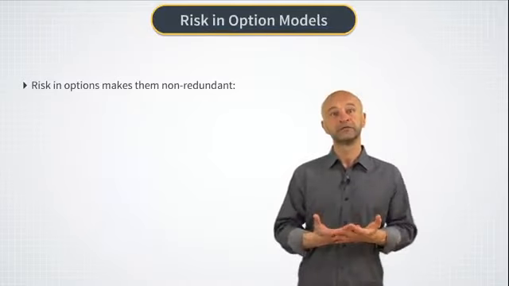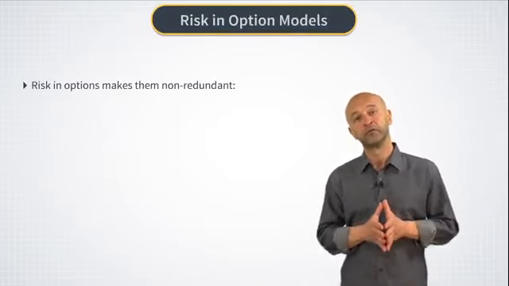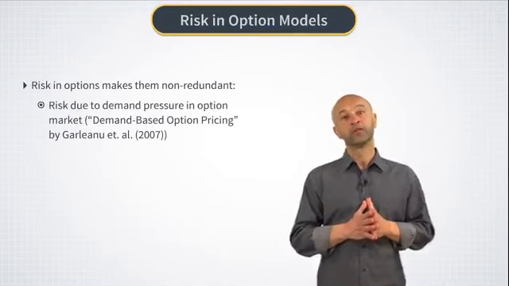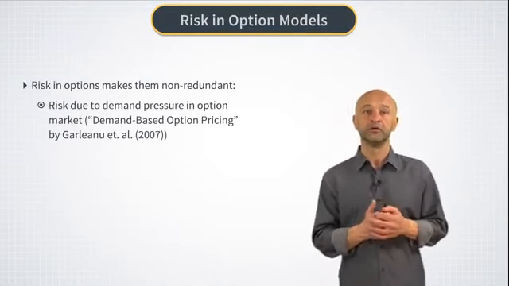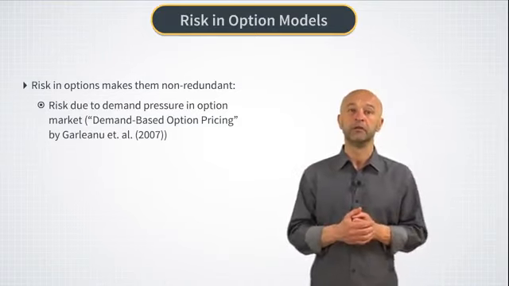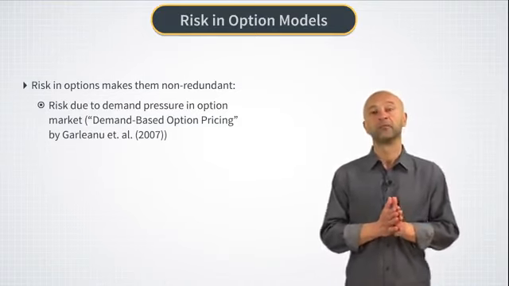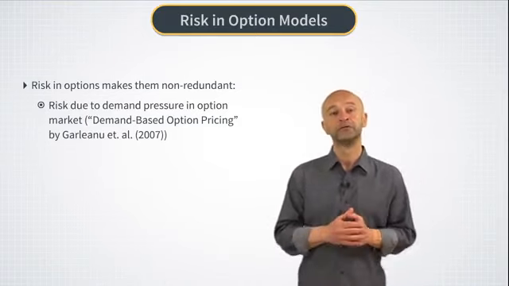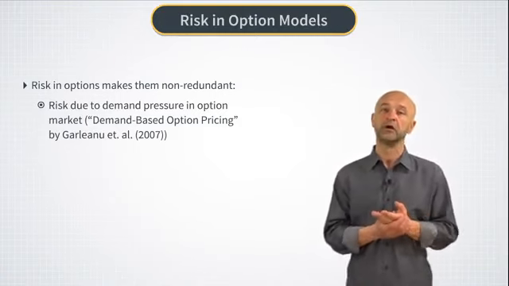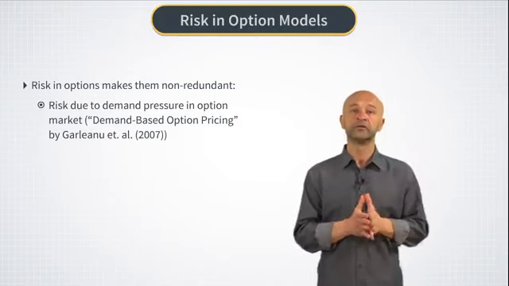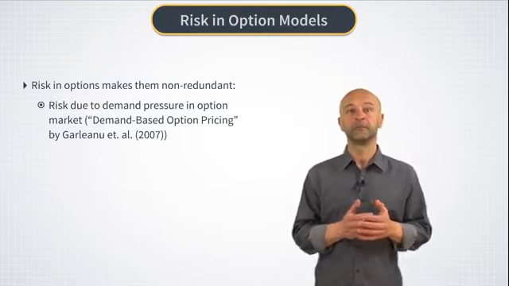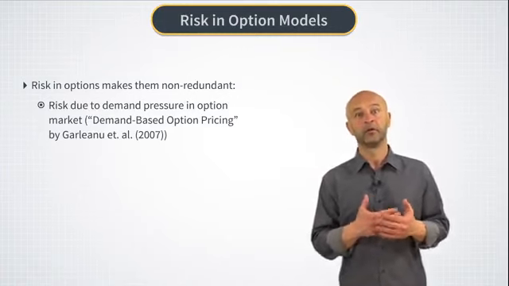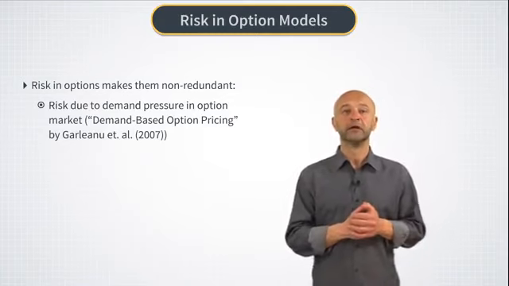Now, there exist multiple origins of risk in options. One of them is play of demand forces in the option market itself. In a very interesting paper from 2007 called Demand-Based Option Pricing, Garleanu, Pedersen, and Poteshman looked at it from the modeling perspective.